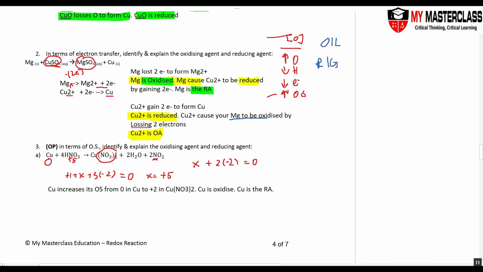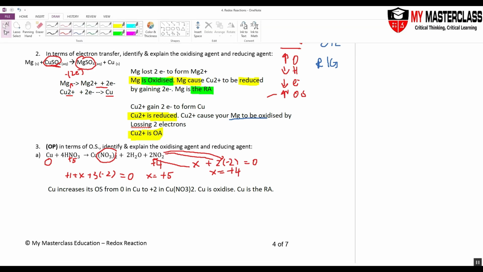N is the X, the oxidation state that I'm trying to count, and 2 times the oxidation state of oxygen, minus 2. So X equals plus 4. So from plus 5 to plus 4, there is a decrease in oxidation state. It is being reduced.